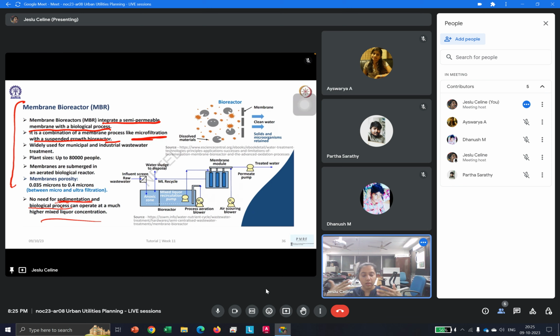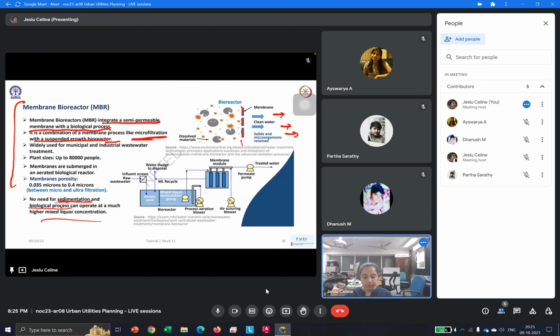So it actually reduces the processes which are there because of the biological process involved. This is the semi-permeable membrane that we are talking about. It doesn't allow all the impurities to pass, so it's semi-permeable. Whatever passes through, you will get the clear water which comes out of it.